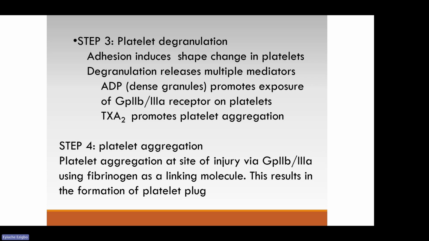When the ADP is released, it promotes the exposure of another receptor on the platelet, that is glycoprotein 2b3a. We'll see the function of this new receptor as we go on. Thromboxane A2 is also released as a result of platelet activation, and its function is to promote platelet aggregation.